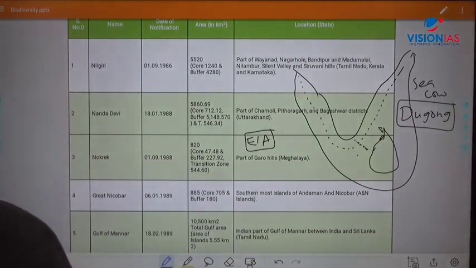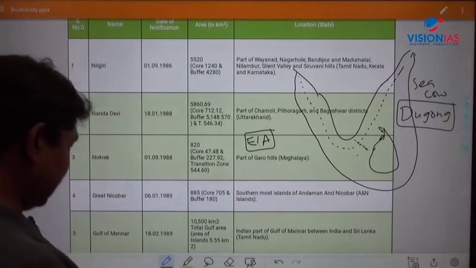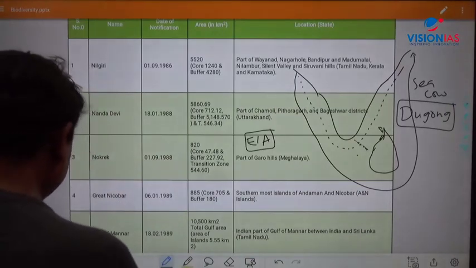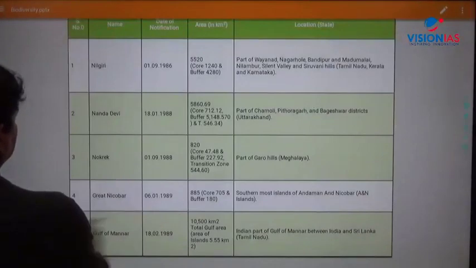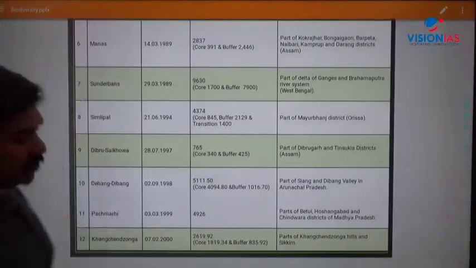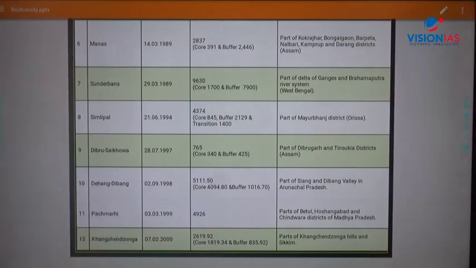After the Gulf of Mannar, the third one is called Sundarbans. Let us see Sundarbans. Come on, write down Sundarbans. Third one: in the year 2001, UNESCO identified this as an important biosphere reserve, located in West Bengal.